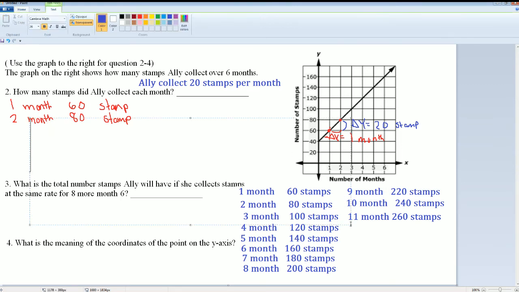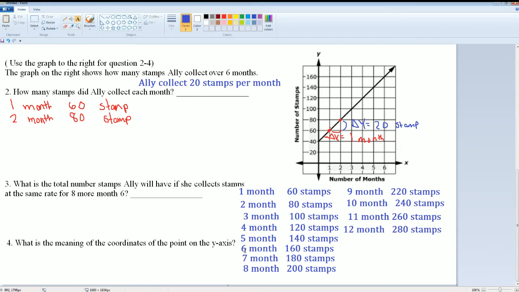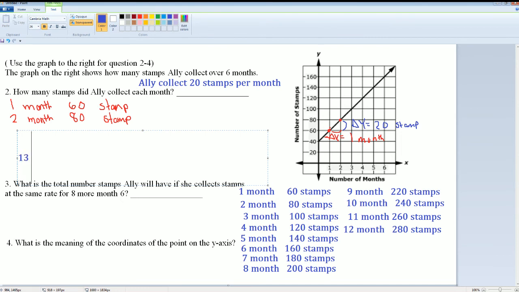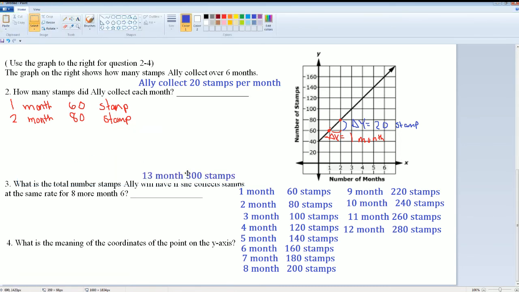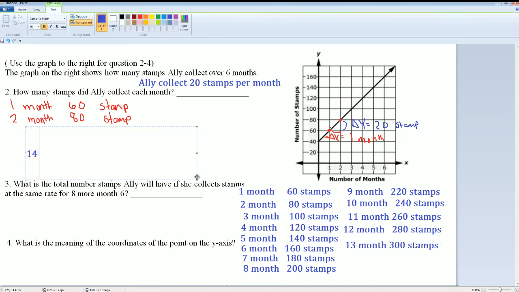And 12 months, 280 stamps. Just increasing by 20 each time. There has to be a shorter way of doing this. Is that 8 months? So this is 6, 7, 8, 9, 10, 11, 12, 13, 14. I have to go all the way to 14 months. So 13 months is 300 stamps. And the last one, 14 months should be 320 stamps.